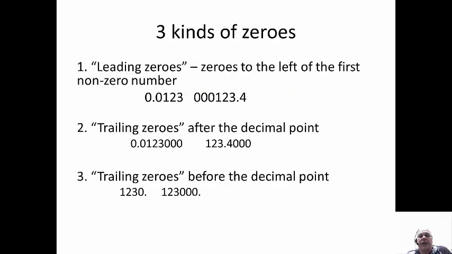So there's really 3 kinds of zeros. There's leading zeros, zeros to the left of the first non-zero number. These are always irrelevant. They don't actually give me any information. All numbers have an infinite number of zeros to the left.